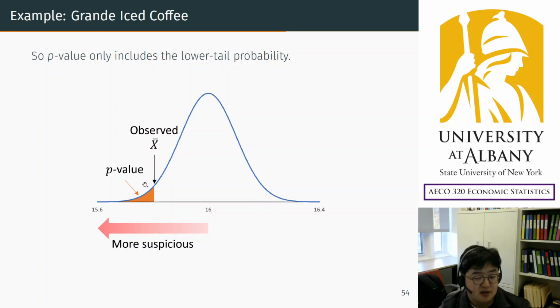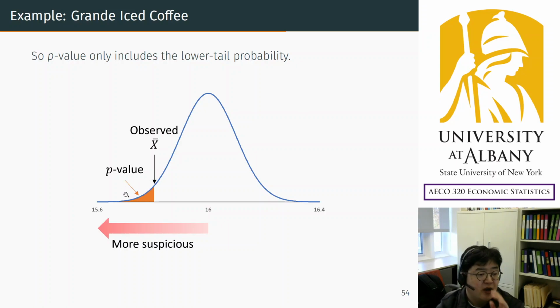Do you remember that? The p-value was not only here but also there because both sides are equally suspicious. That was our key idea. But in this example, I don't care about this side. There is no suspicion on this side. So you are calculating the p-value only on this tail.